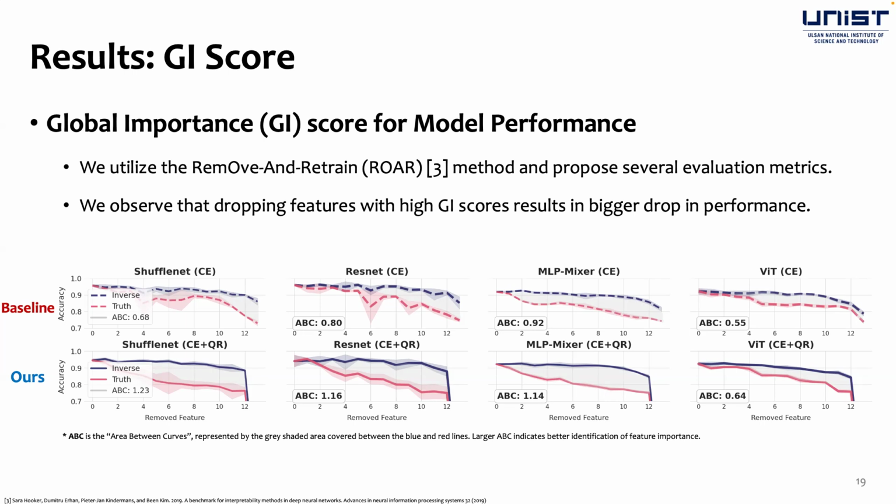As such, if you have successfully identified a feature as important, and if that feature was truly important, we should see a huge drop in model performance when we remove that feature. Here, we observe that our CAFO method better identifies the feature importance ranks, shown by the larger decrease in model performance, compared to using only cross-entropy as the baseline.